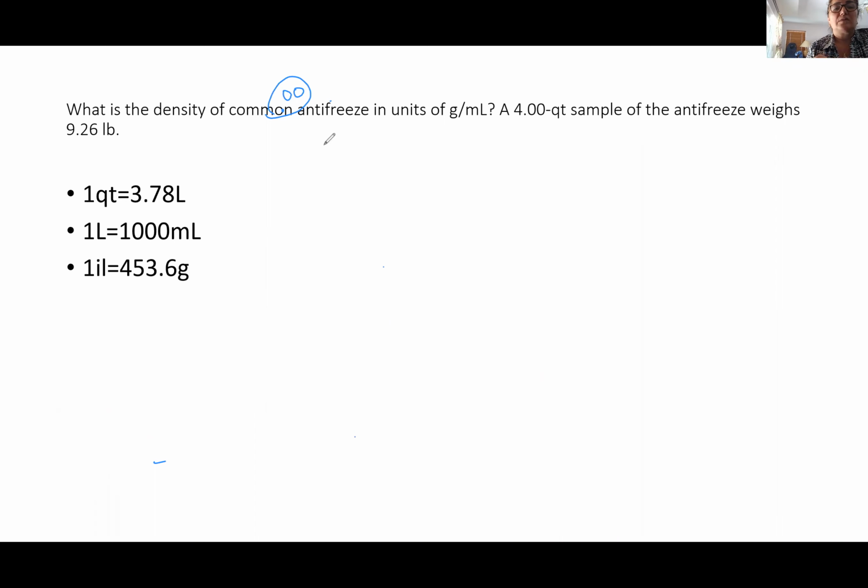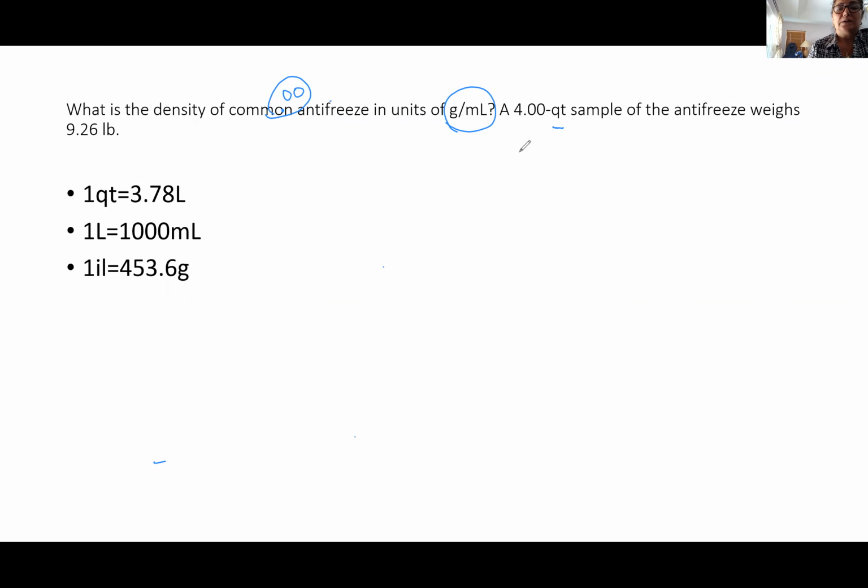So because it's asking for gram per milliliter, we have to change the quart to milliliter first, and we have to change the mass to gram as well.